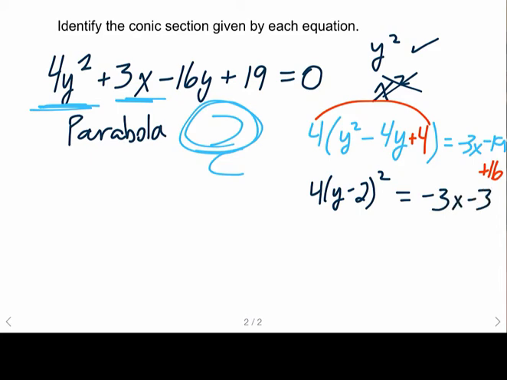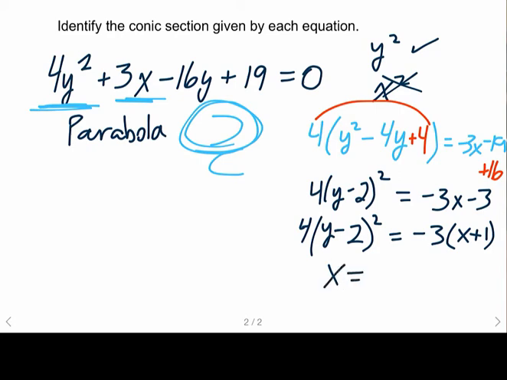There are various forms, as you recall, for writing these equations. Maybe I'll say we have 4 times the quantity of y minus 2 squared is equal to negative 3 times the quantity of x plus 1. And so maybe I'll divide both sides by negative 3 and then subtract 1. Maybe end up with x equals negative 4/3 times the quantity of y minus 2 squared minus 1.